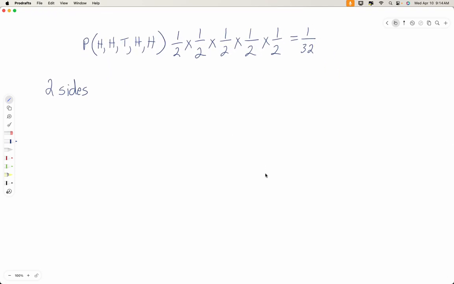All right. So this is our probability. When we toss it the first time, it's either going to land tails or it's going to land heads, right? We want it to land heads. So the next time you throw it, it's either going to land tails or heads.